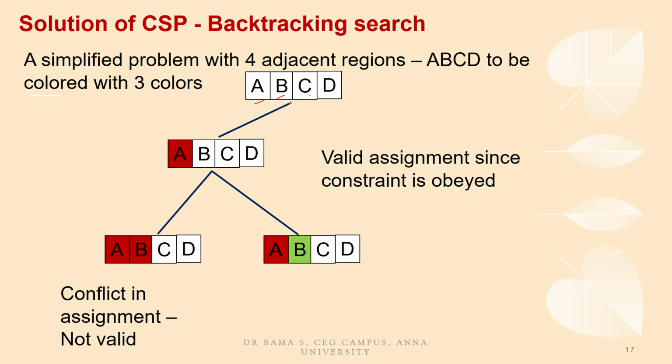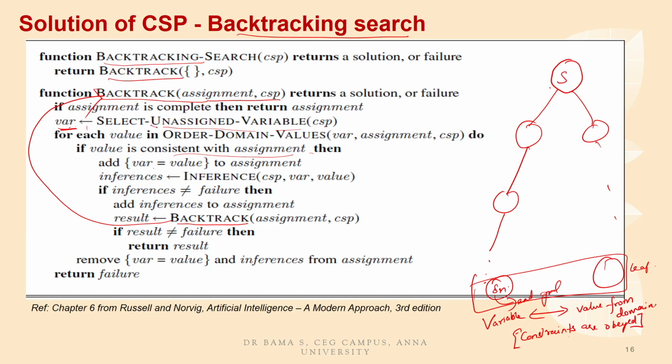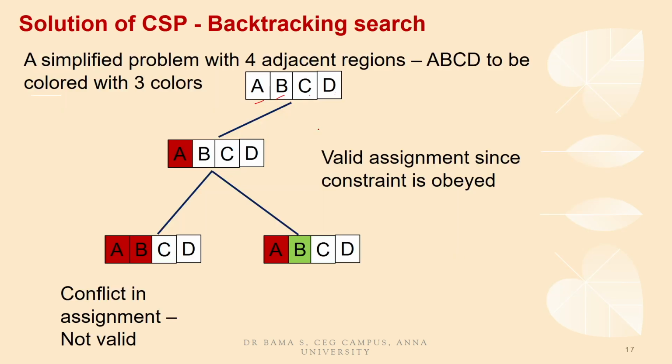At the first stage, we are choosing A. At this stage, which corresponds to selecting an unassigned variable, I can choose any color. So, I am choosing A and coloring it red, and because it is obeyed, the variable will be stored here and we go to the next one.